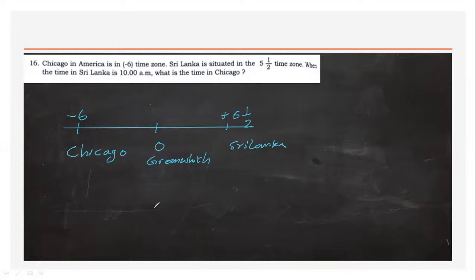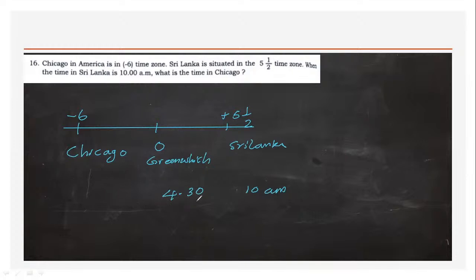When the time in Sri Lanka is 10 a.m., right? Then 10 a.m. in Sri Lanka, Greenwich time is, normally we are taking, 4:30. Greenwich time is 4:30. Then this -6 is there. So what is this time?